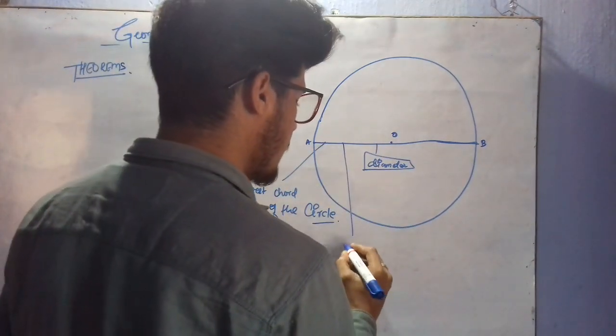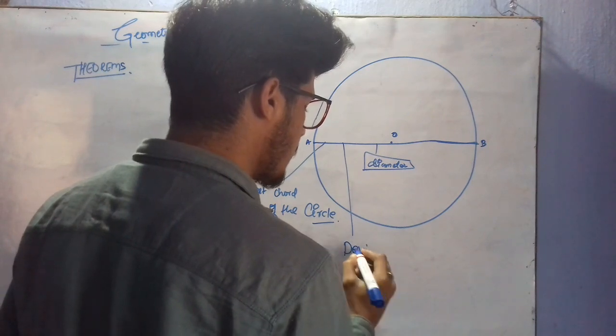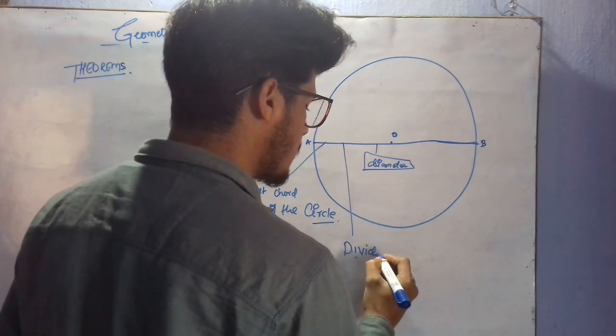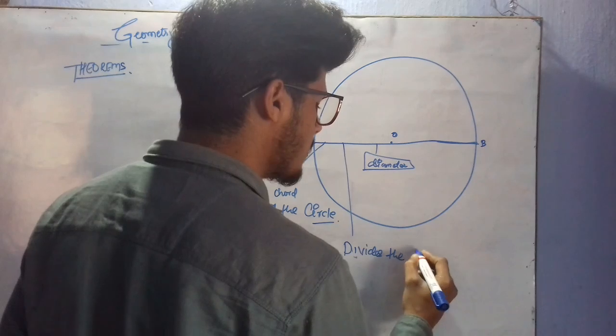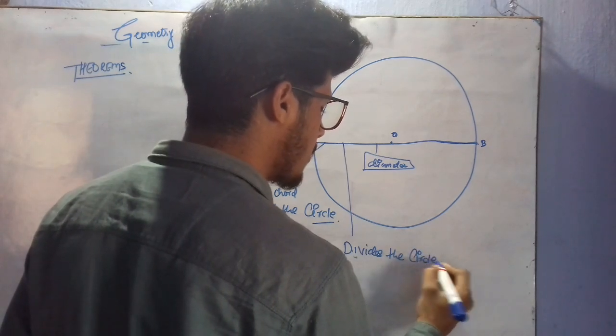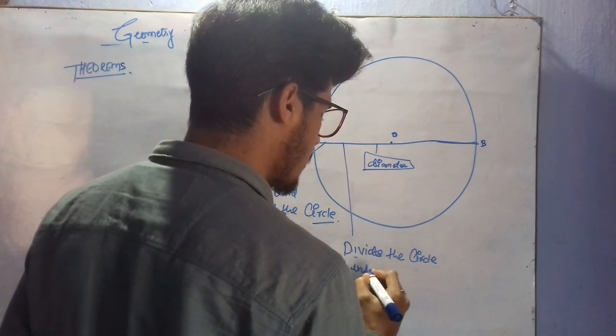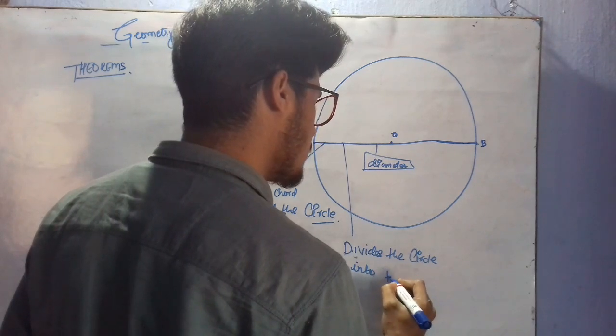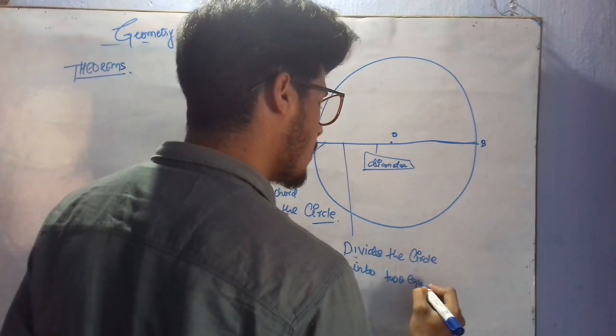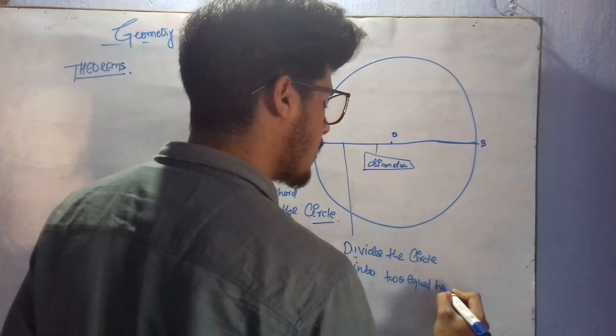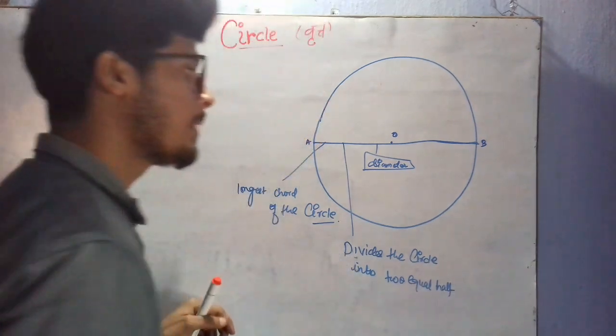It divides the circle into two equal halves, right?